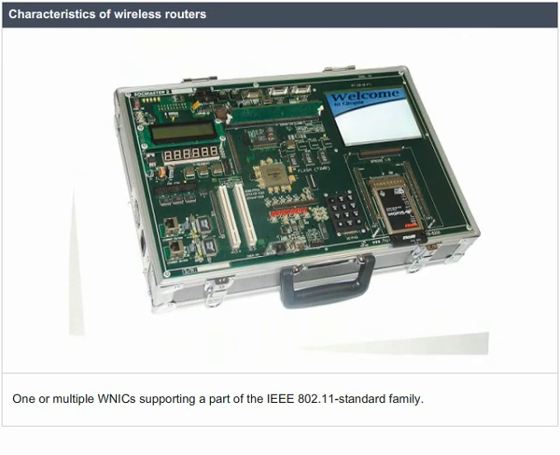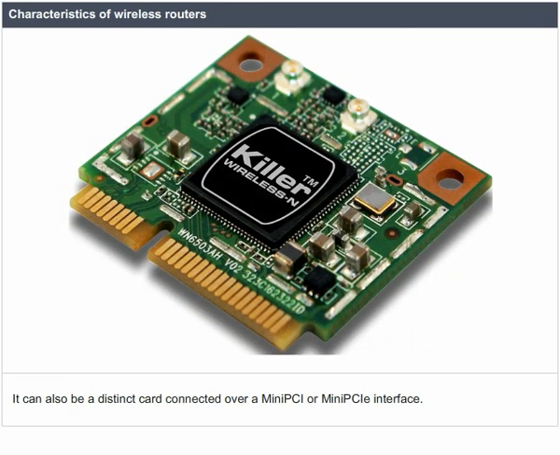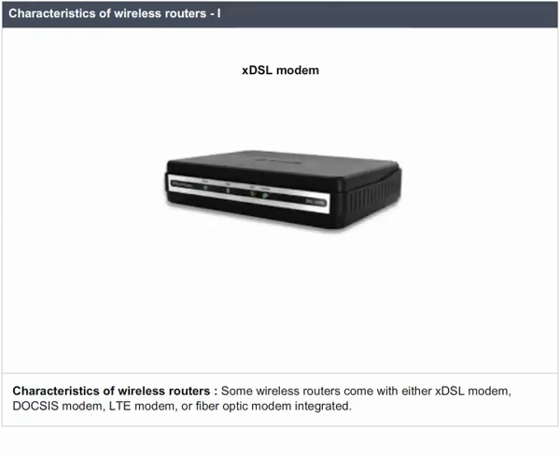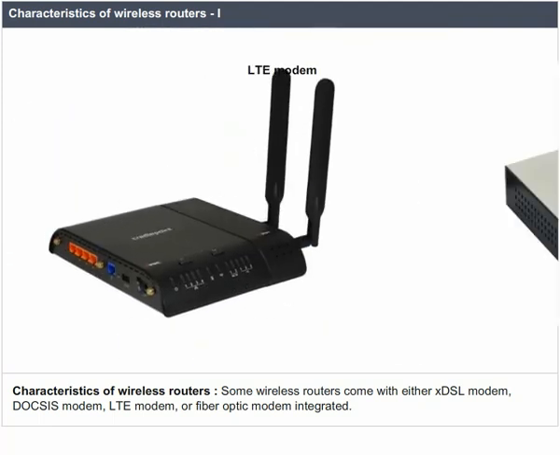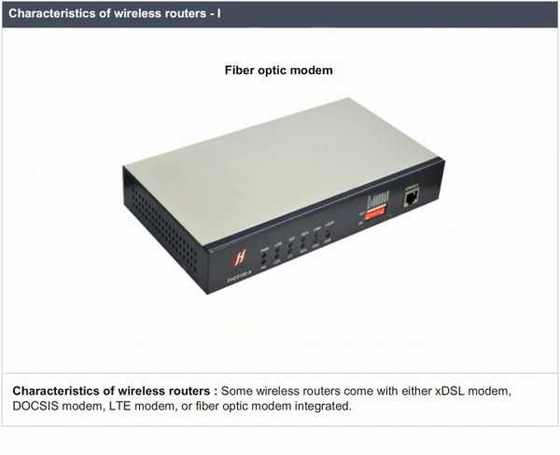It also integrates into the main SoC or as separate chips on the printed circuit board. It can also be a distinct card connected over a mini PCI or mini PCIe interface. Some wireless routers come with either an xDSL modem, DOCSIS modem, LTE modem or fiber optic modem integrated.